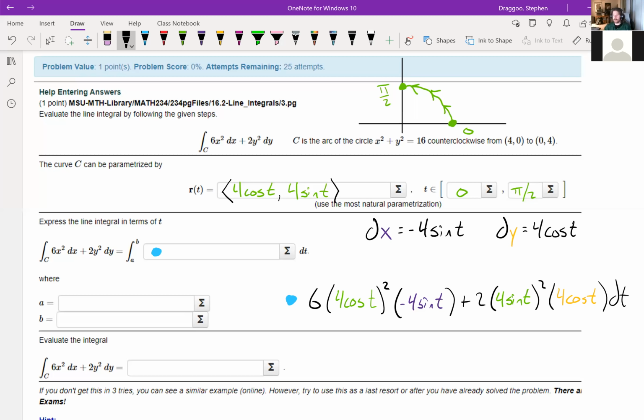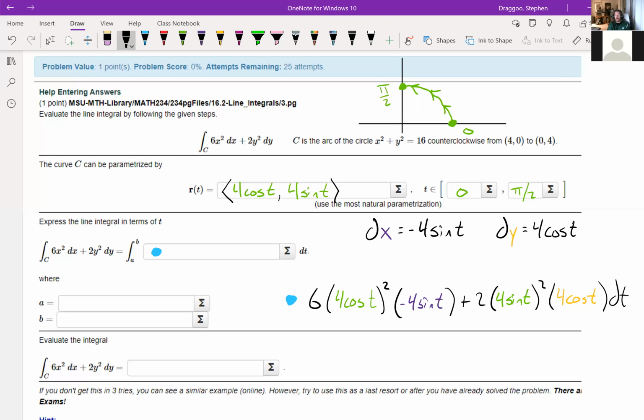So notice the big difference between this problem and the last problem is on the previous one, we were integrating y ds, which means that we need some kind of a dot product between some vector function and some vector derivative function.